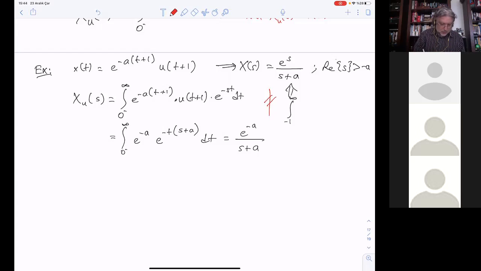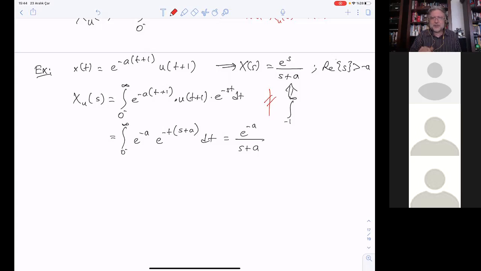I'm not going to give any further specific unilateral Laplace transform evaluation examples. We will have to apply these unilateral Laplace transforms to their own particular purpose, which was differential equations.